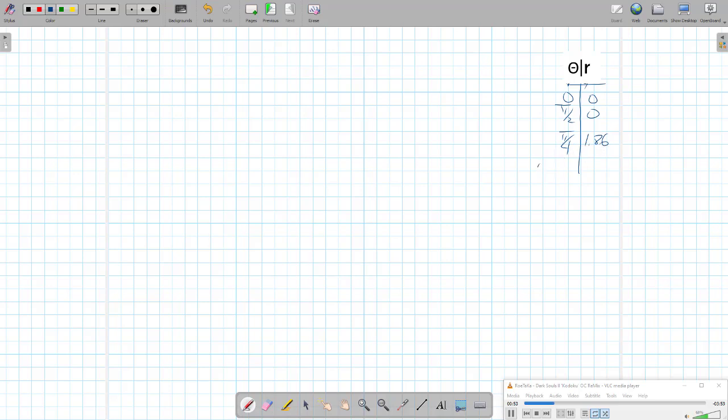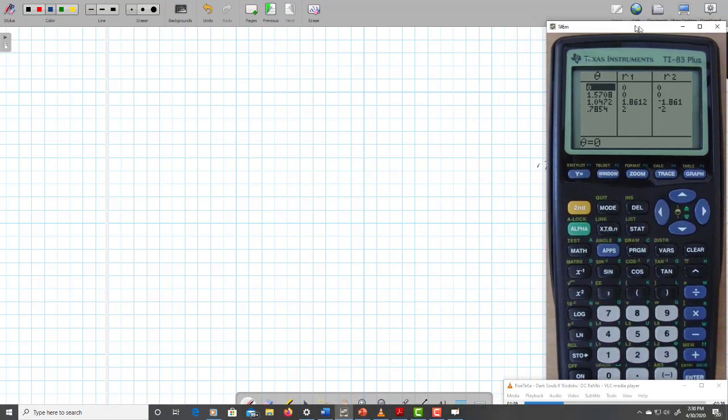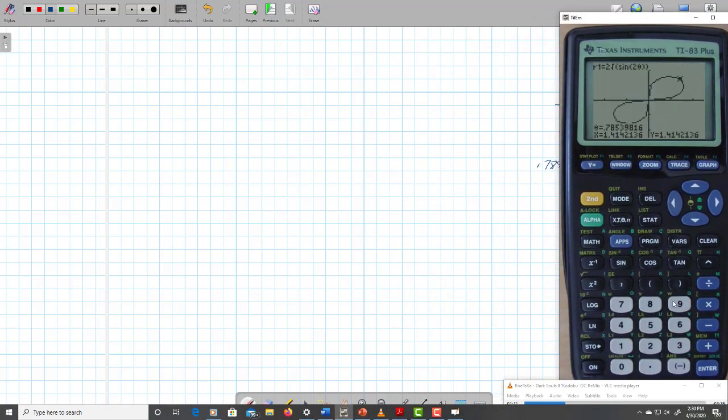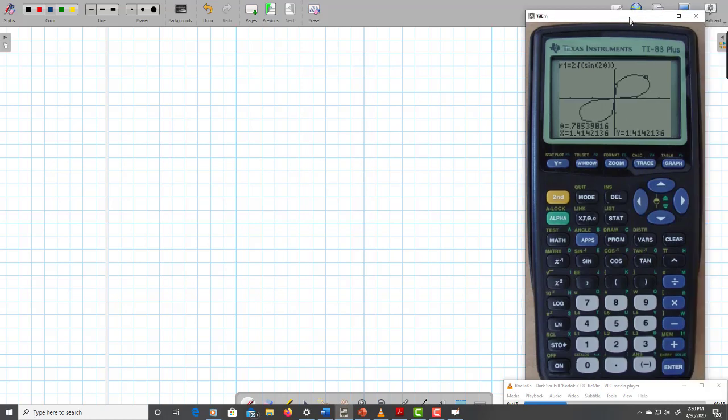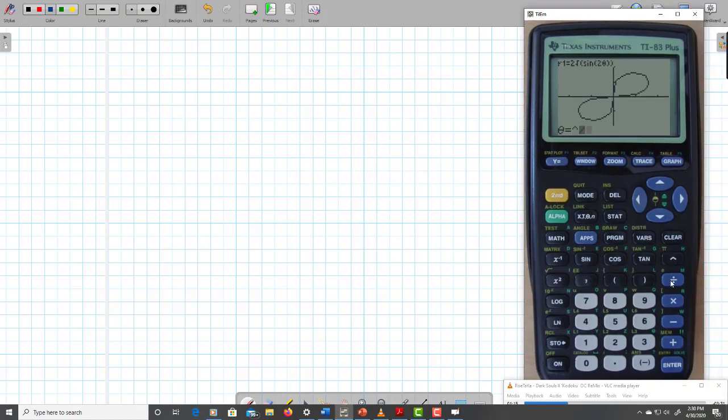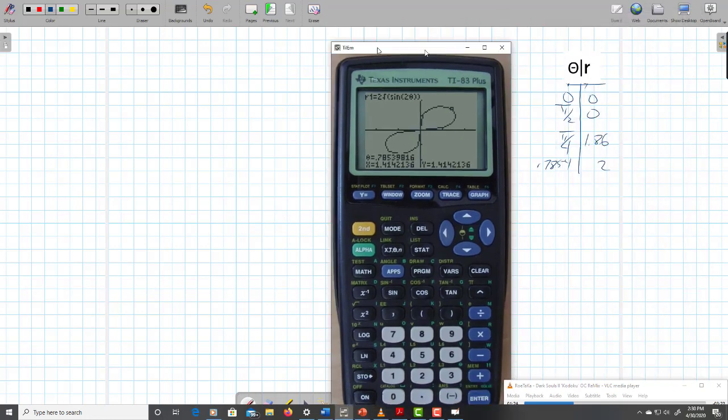And 0.7854, 2. Which, thankfully, because of trace, we can actually just plot those using the x and y coordinates as well, which is convenient. So, for example, pi over 4 is just at 1.4, 1.4.